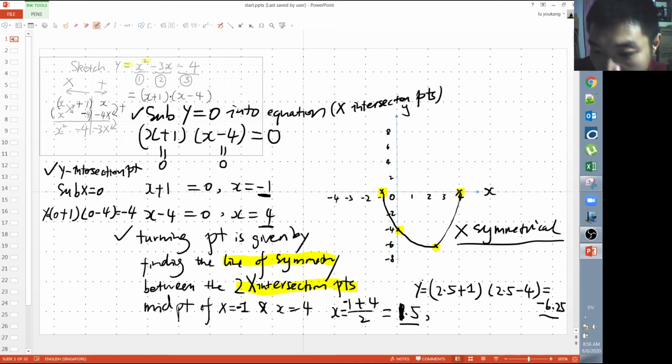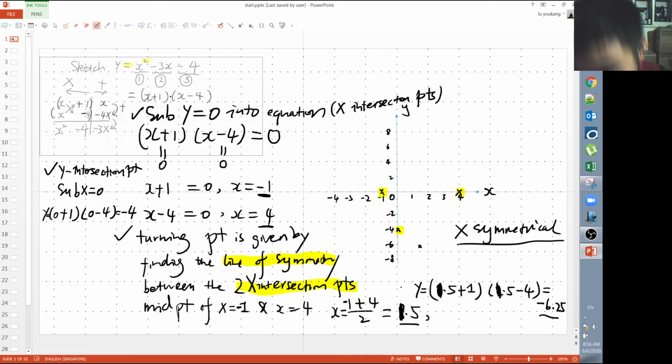So 1.5, so you sub into the equation. Okay? So we recalculate it, and yes, you are supposed to get this minus 6.25 here. Okay, so one of the points here is wrong, so the point should be 1.5, which is here, and comes down to 6.25.